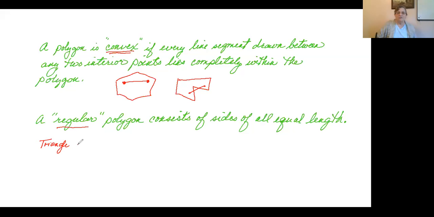A triangle has 3 sides, although this actually means 3 angles, but it has 3 angles and it has 3 sides. A 4-sided polygon is called a quadrilateral. Lateral means line. Quad means 4, so this means 4 lines or 4 sides.